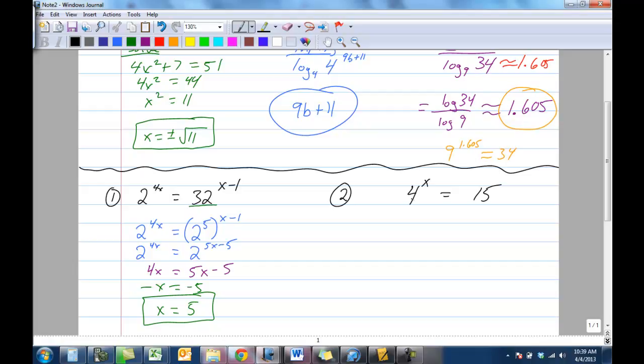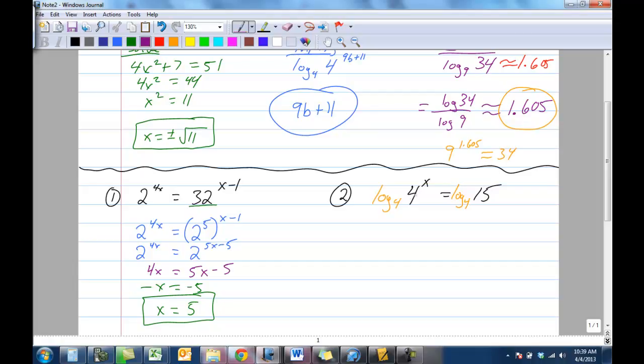What's the enemy of base 4? The enemy of base 4 is log base 4. Right? That's going to undo that and bring the x down, just like it brought down the 9b plus 11 here, right? But here's the thing. This is an equation, so whatever you do to one side, you have to do to the other side. If we log base 4 this, we have to log base 4 this.